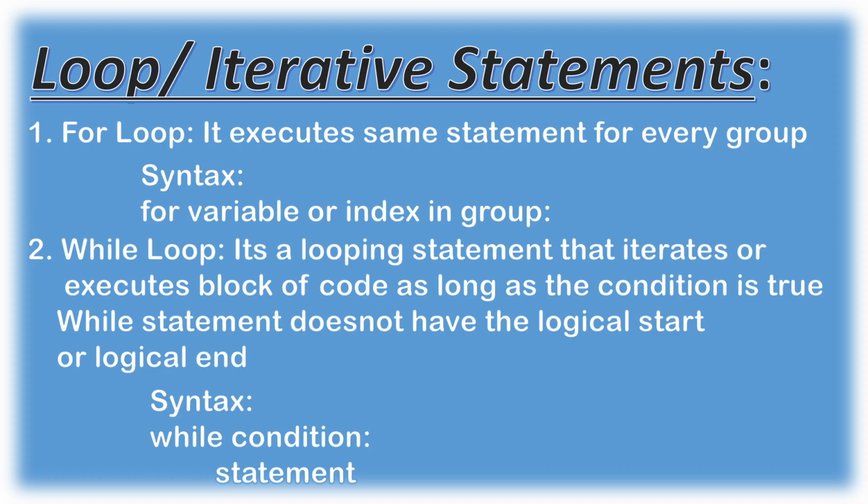All right, next point is while statement does not have the logical start or logical end. Okay, so syntax is while condition then statement. All right, let's see few examples for loop and while loop.